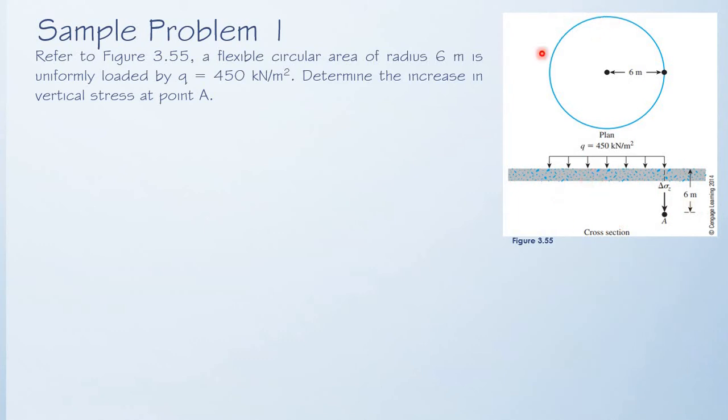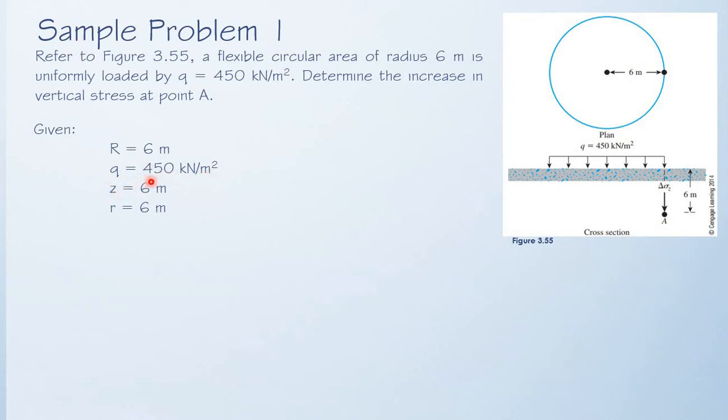We have here a circular area with a radius of 6 meters, and the load is 450 kilonewton per meter squared. We are to determine the vertical stress increase at point A, and point A has a depth of 6 meters. So given the radius of the circle is 6 meters, the unit load is 450 kilonewton per meter squared.